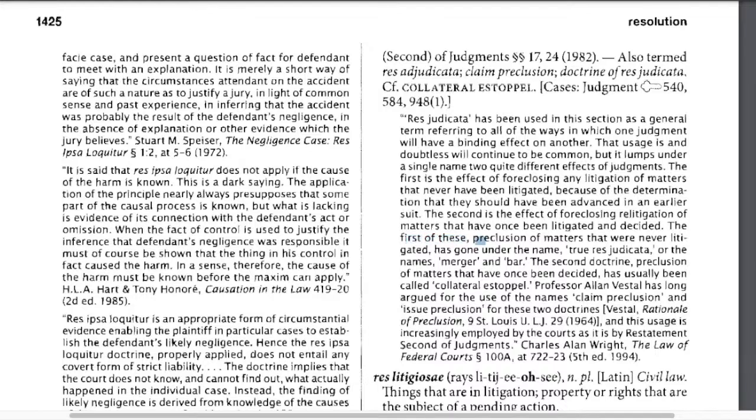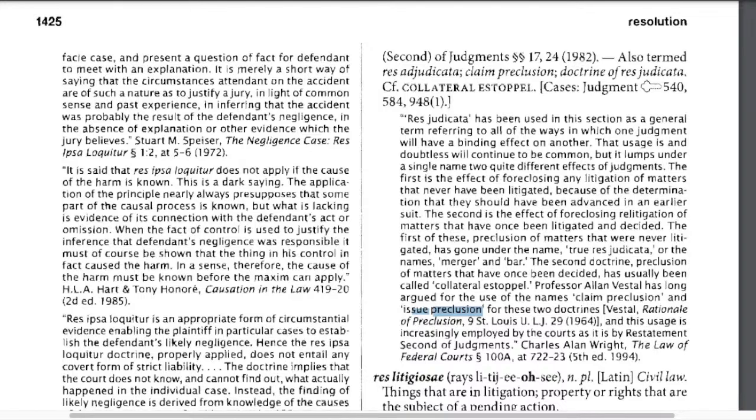The first of these, preclusion of matters that were never litigated, has undergone the same true res judicata, or the names merger and bar. The second doctrine, preclusion of matters that have once been decided, has usually been called collateral estoppel. Professor Van Vestel has long argued for the use of the names claim preclusion and issue preclusion.